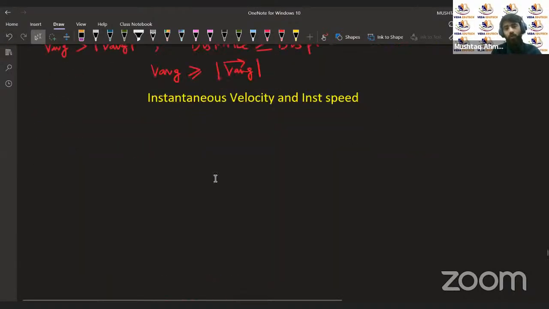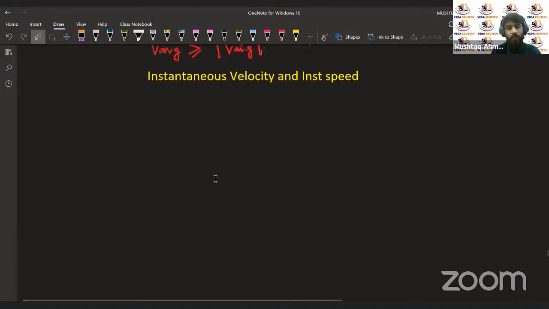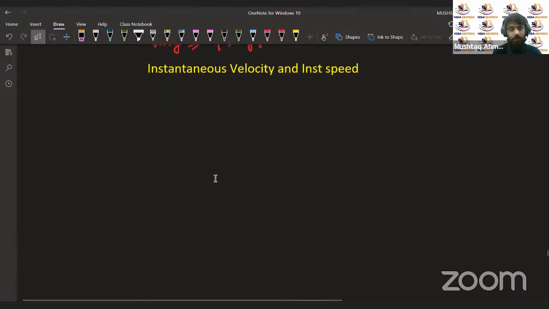So let's move on to the next concept, which is about instantaneous velocity and instantaneous speed. In the previous case, our delta t was equal to t final minus t initial. Let's redraw that diagram.